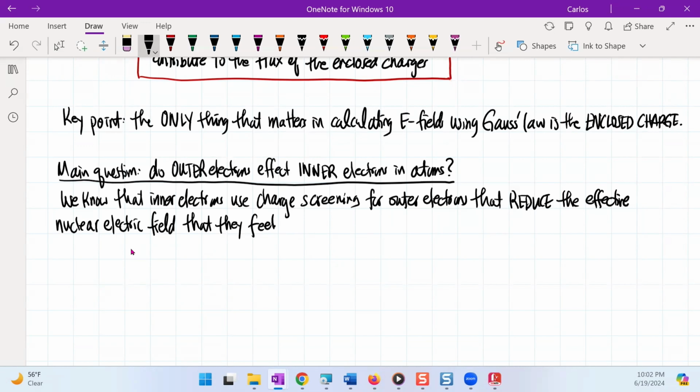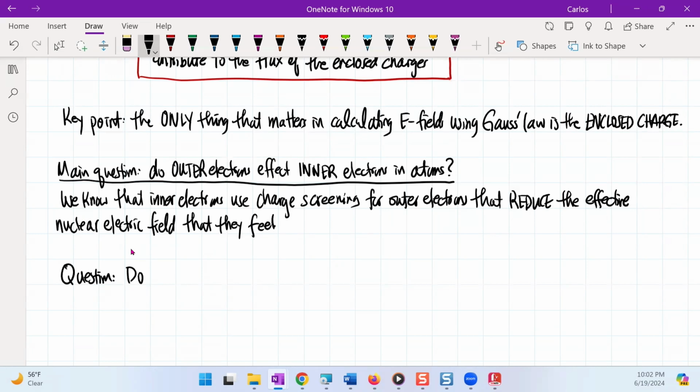So, rephrasing the main question, do outer electrons affect the inner electrons? So, if the inner ones affect the outer ones, do the outer ones affect the inner ones?